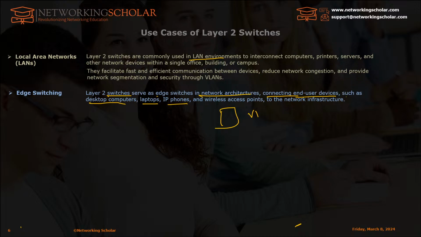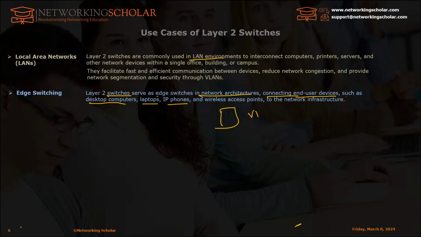So this is called the access layer, and the access layer is called the edge switch as well. Hope you understand. That's why I made the diagram. Devices are connected directly here, suppose there are multiple users connected. If not clear, please ping me so that I can explain again. If yes, I am going on to the next slide.